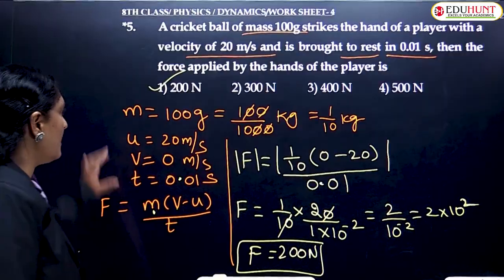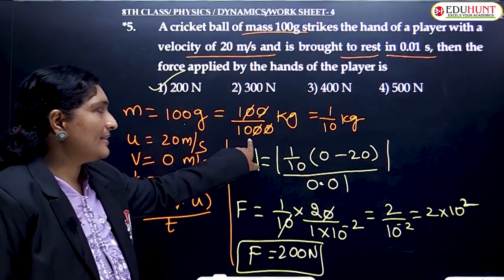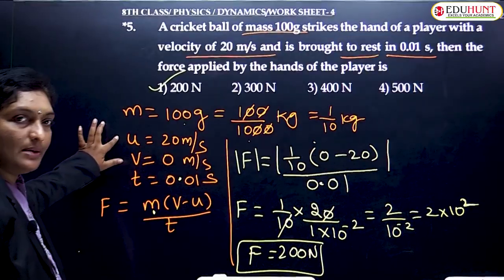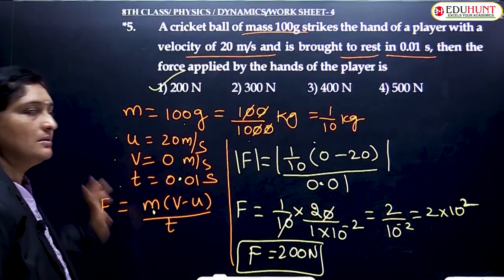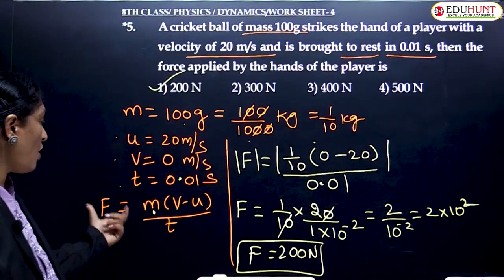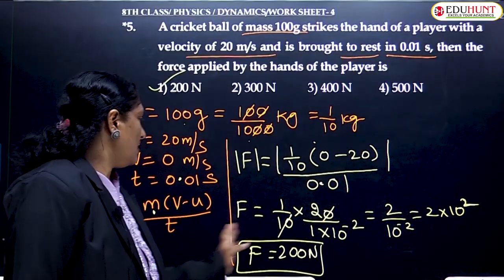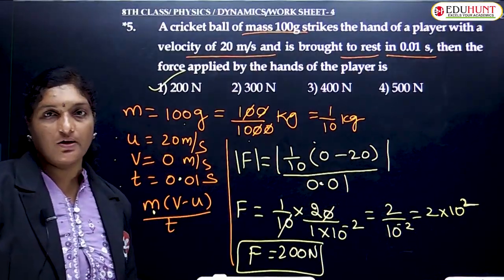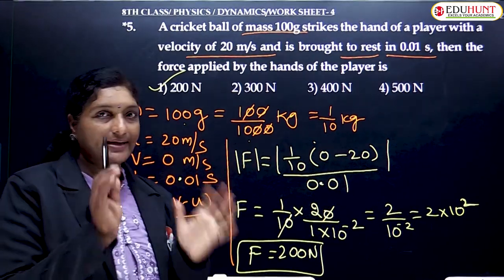Let me explain, children. Mass, how much is given? 100 grams, which is 100 by 1000 kg, 1 by 10 kg. Initial velocity 20 meter per second. Final velocity is rest condition. Time 0.01 second. Formula: M into (V minus U) by T. If we write it this way, you will get the answer in negative format. In order to avoid the negative value, what I considered is magnitude.